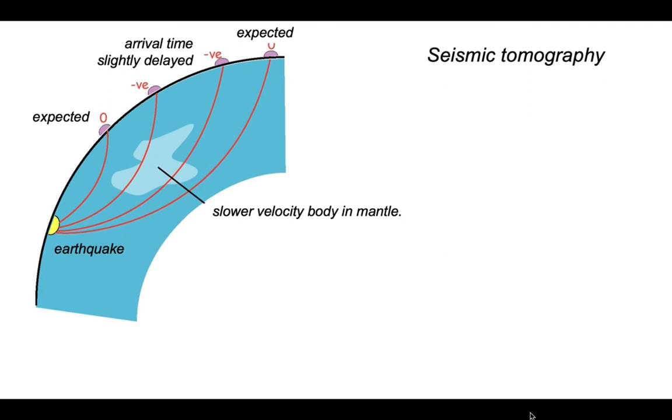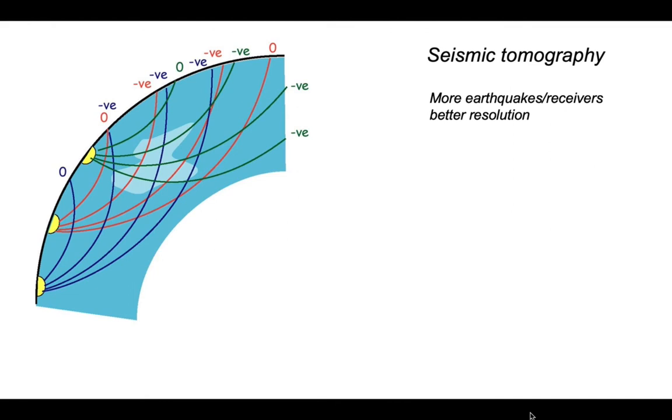So this is the basis of seismic tomography. And of course, we don't just use one earthquake and 4 stations, we use many. So the more earthquakes and receivers, the better resolution. Here we've got 3 earthquakes with their various coloured ray paths. The ones that have gone through the lower velocity body we've marked as a negative arrival, in other words it's come in slightly late.